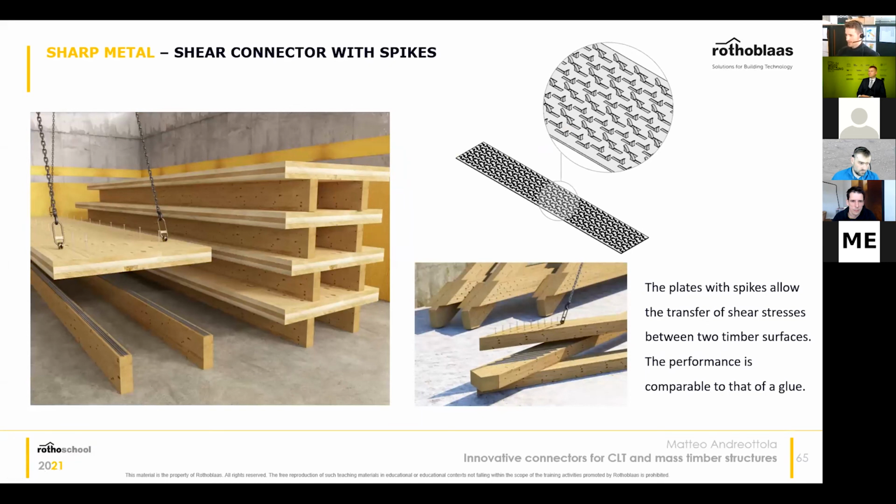Another very important and innovative connector is the sharp metal. With this one, you can create, as you can see in the images, floors that are made of two different structural elements, and you can make them work together as a single piece.